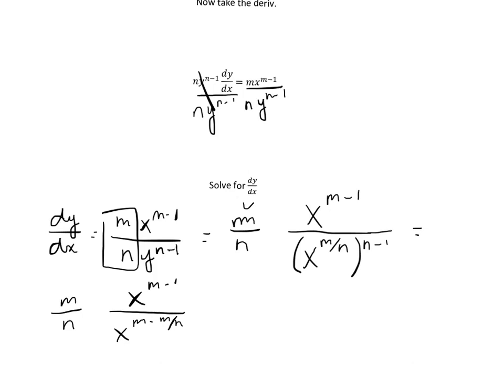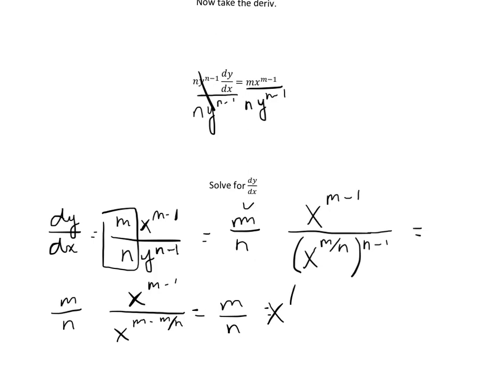Well, now again, I just use another power rule where I have the same base, and I take this power and I'm going to subtract this power. It's just, again, one of your power rules. So the fraction again remains the same, m over n, and then x to the m minus 1 minus m minus m over n. I don't know how to erase here, so you're going to have to bear with me.